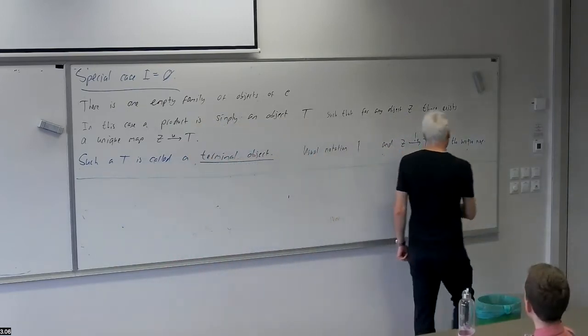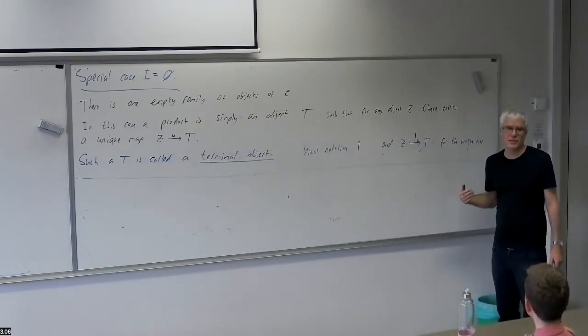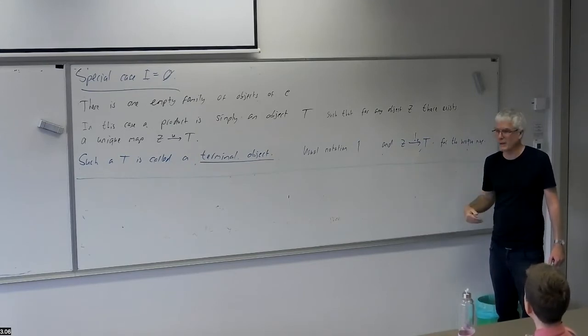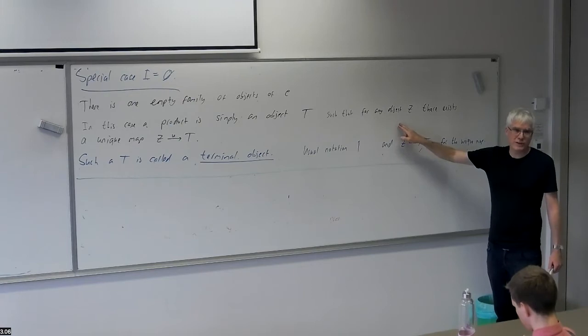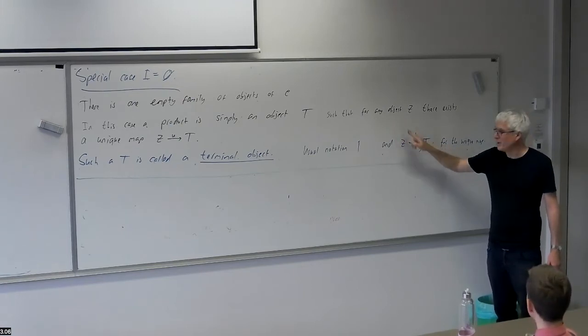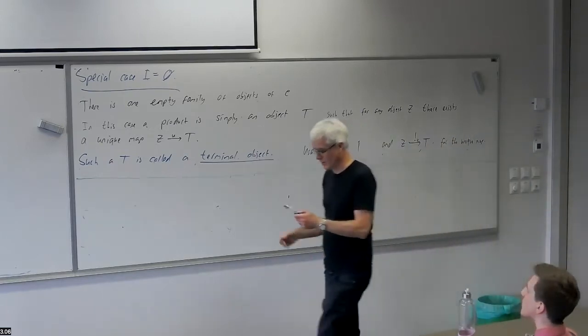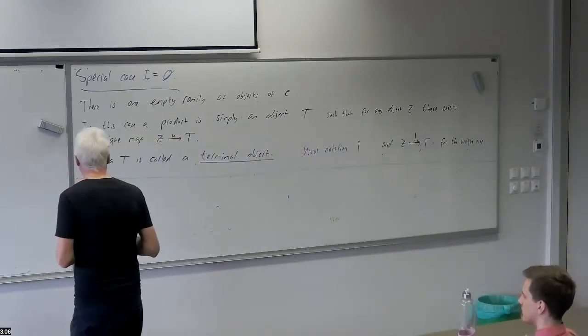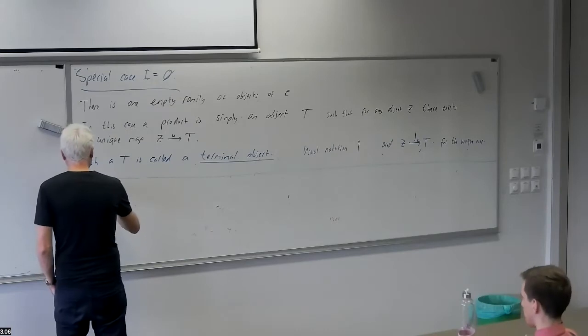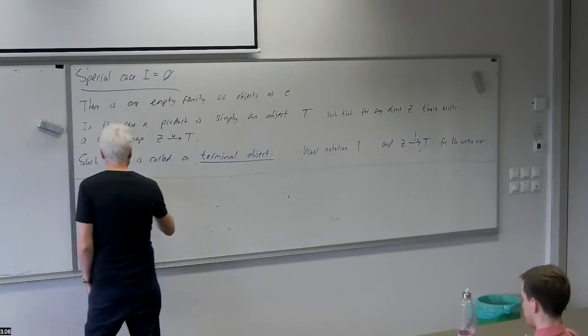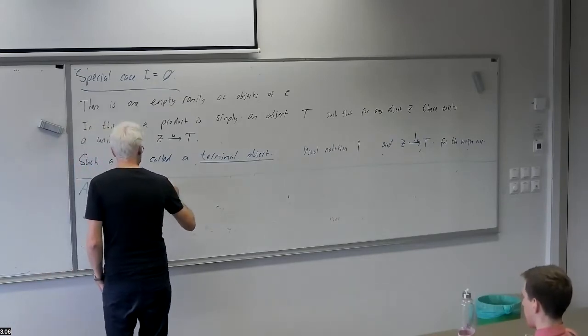I said last week, it's a good exercise to try and convince yourself of this, not to prove this in the case of pullbacks. I'm going to actually prove it in the case of the terminal object, which is the easiest case. So I want to show that any two terminal objects are isomorphic. This is really simple.